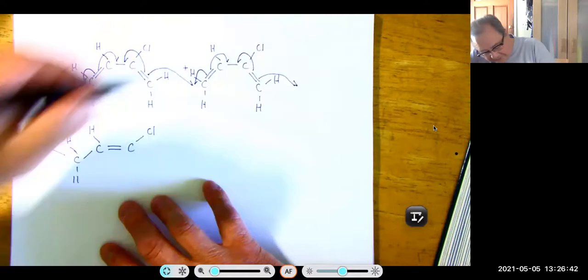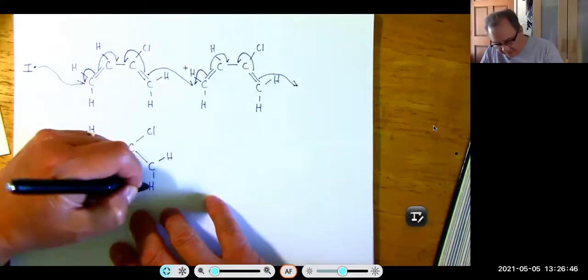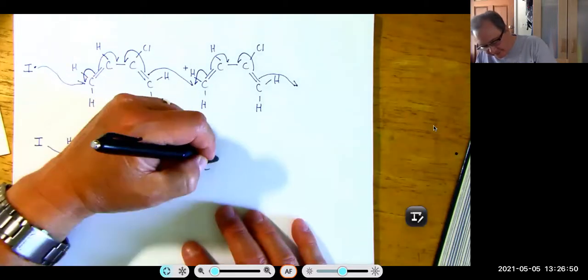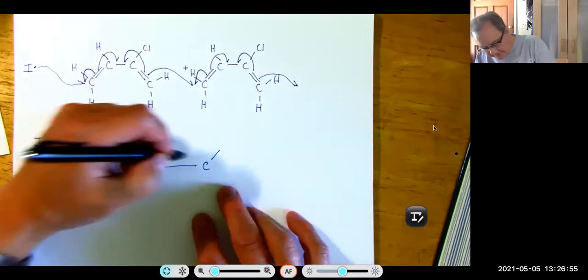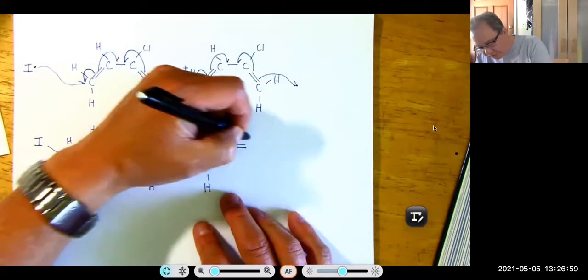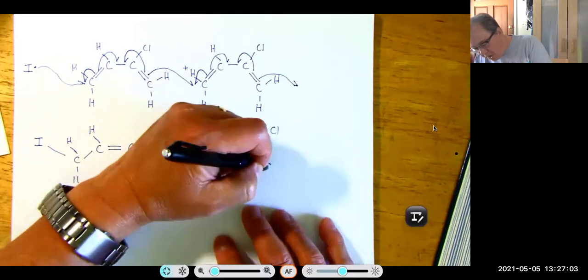So we end up having this, and this bonds to this. And I'm purposefully drawing this like this so that you can see the two individual units and how they became a polymer.